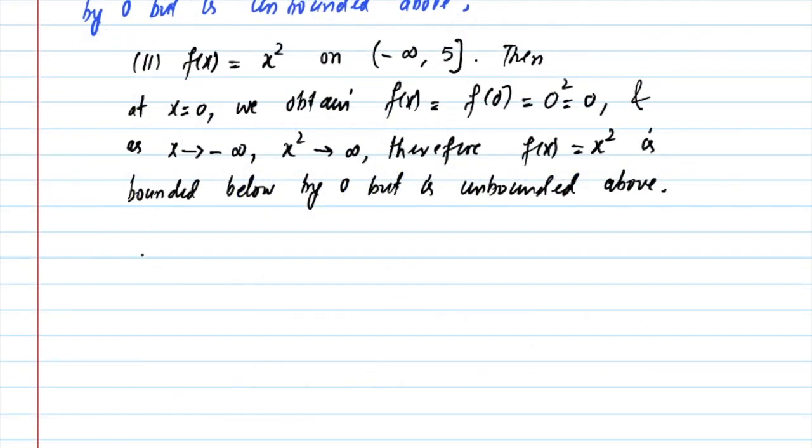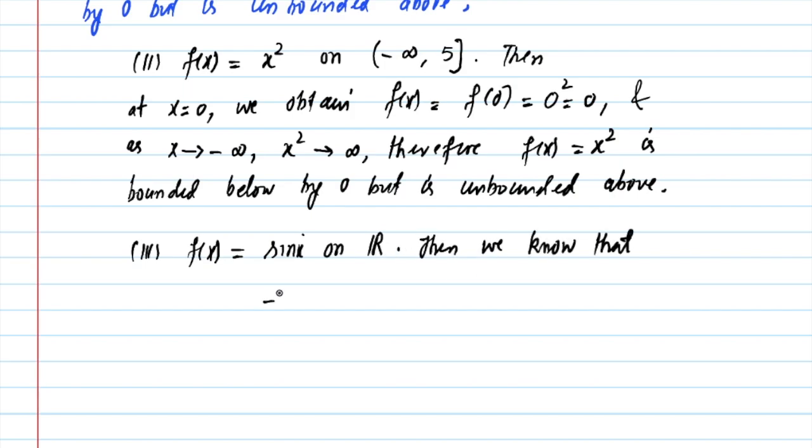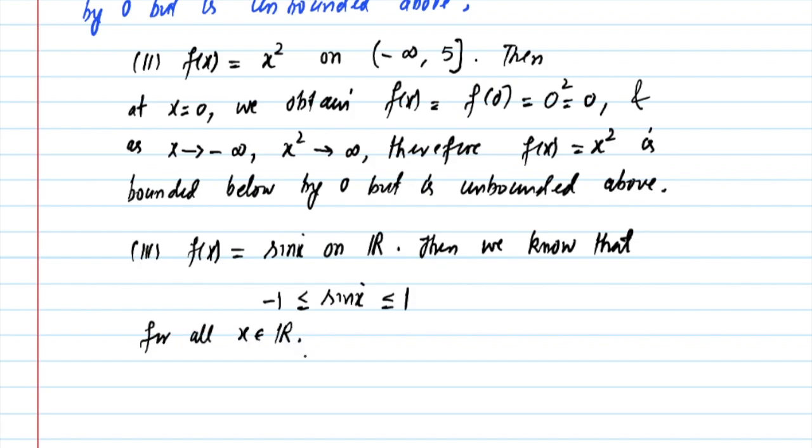Now let's take up another example, example number 3. Take a function f of x which is equal to, suppose, sin x. Define it on the set of real numbers. Then we know that minus 1 is less or equal to sin x, and this is less or equal to 1 for all x in the set of real numbers.